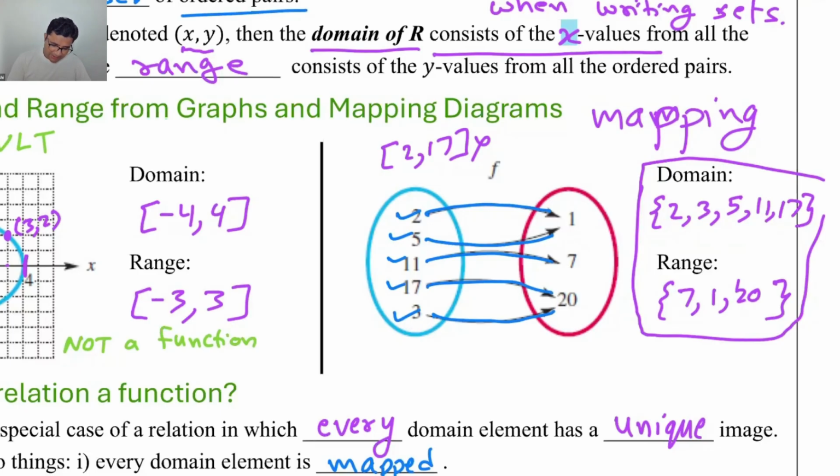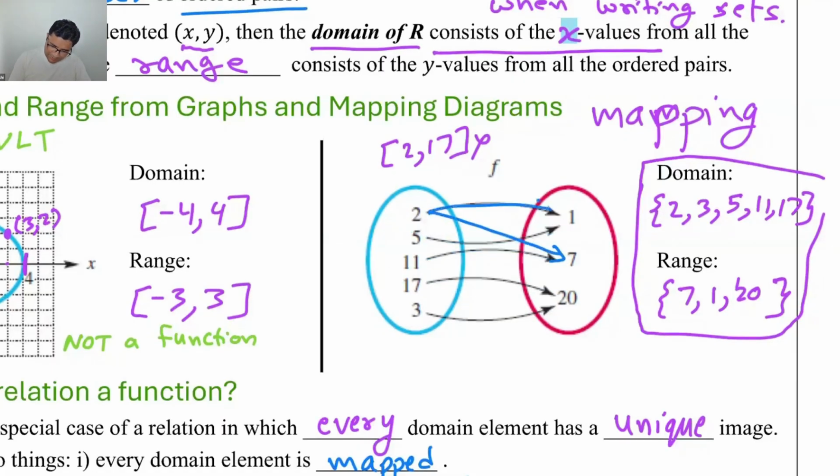The way to look at it is, is there one element which has 2 different images? Like 2 going to 1 and also 2 going to 7, then it violates that uniqueness. The image of that 2 is not unique. In this case, the image of 2 is unique in the relation that we are given here.